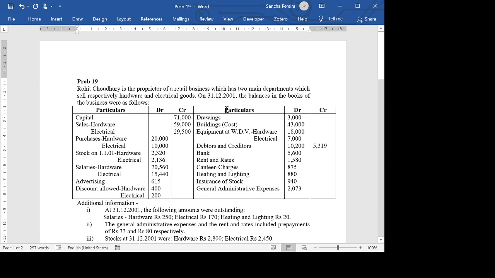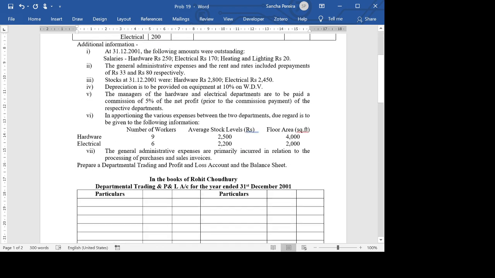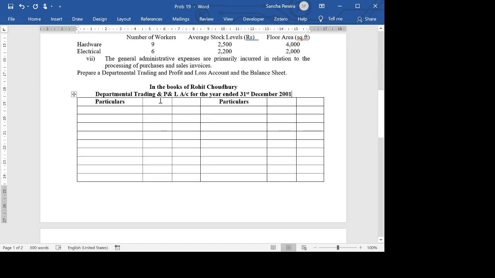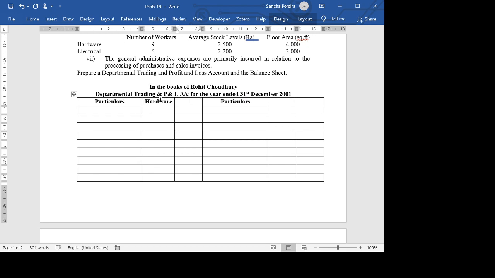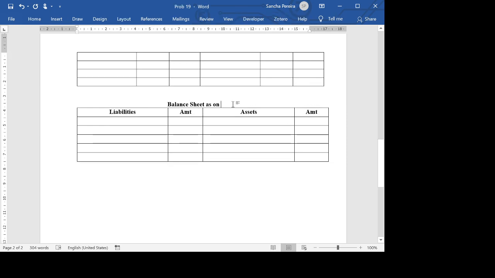Yeah, 31st December 2001. And the departments are hardware and electrical. And we also have the balance sheet as on 31st December 2001.